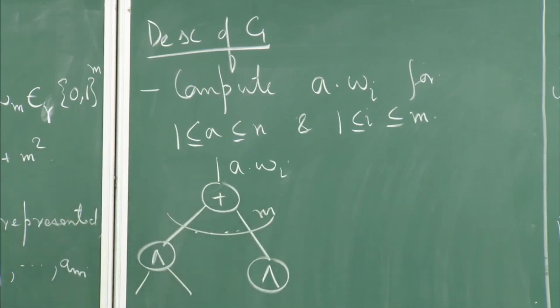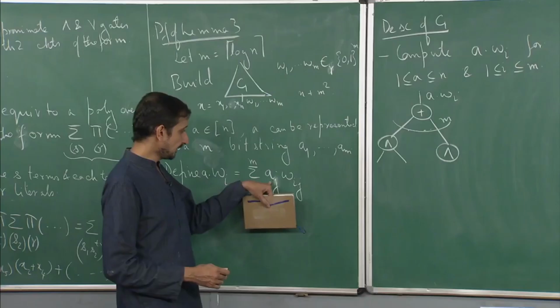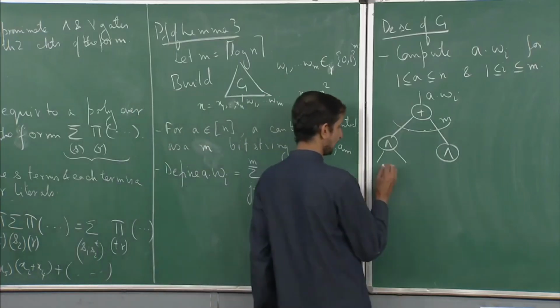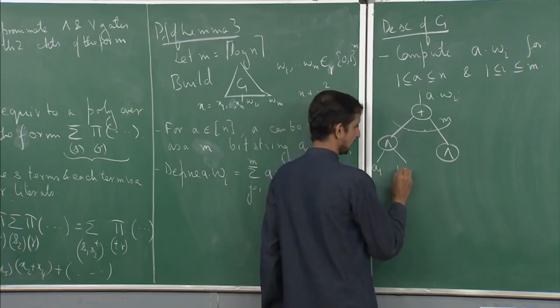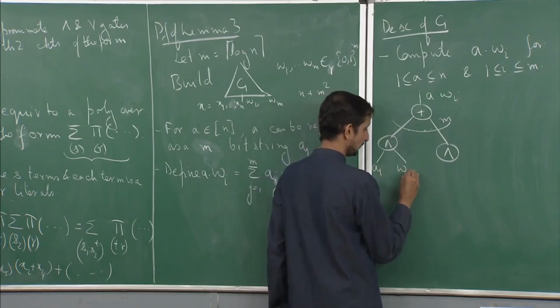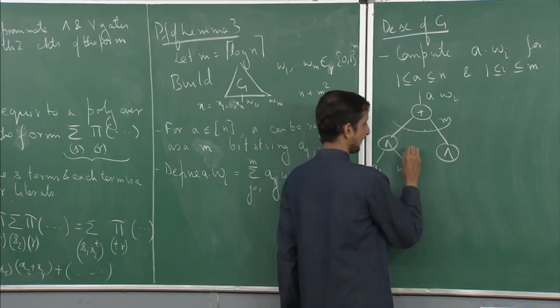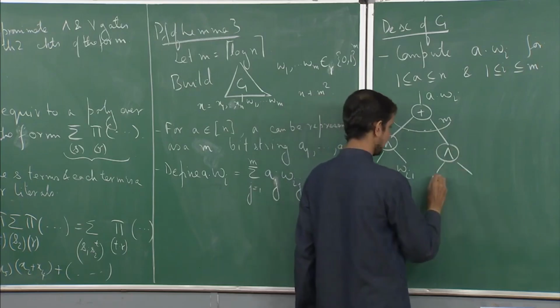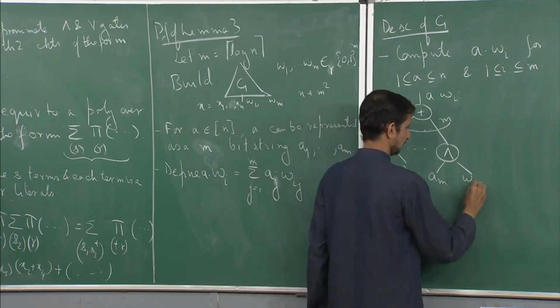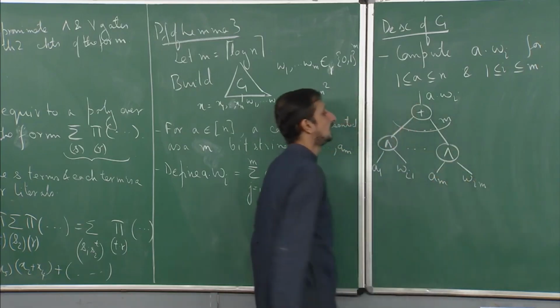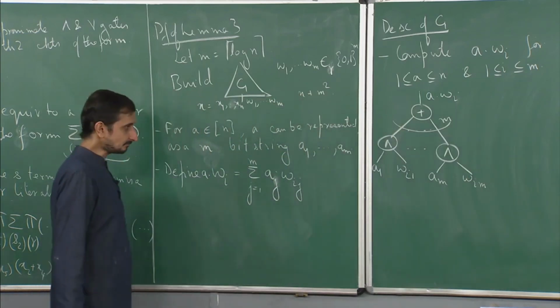So what is A dot Wi? It is just the dot product. How do I compute the dot product? It is the product of A1 Wi1, so I will have A1 and the bit Wi1 over here, and I keep on doing this, and the last one will take Am and Wim.